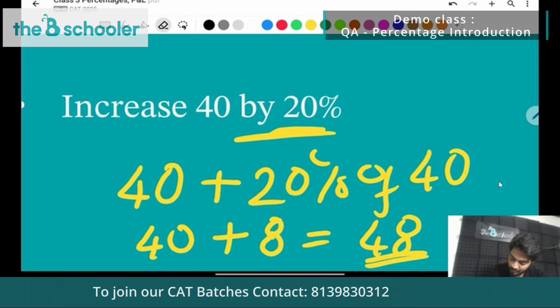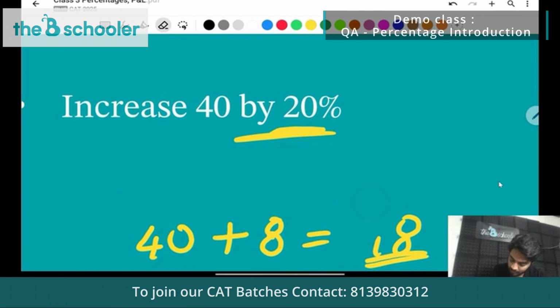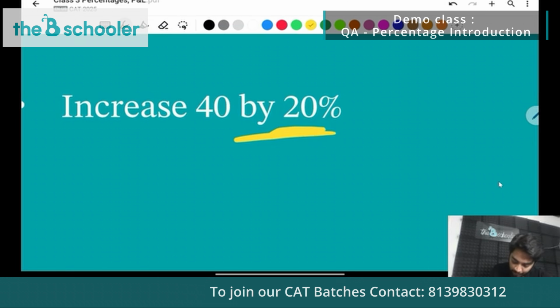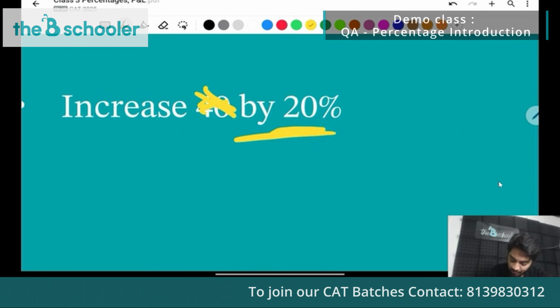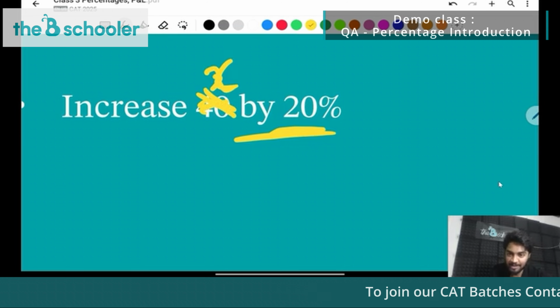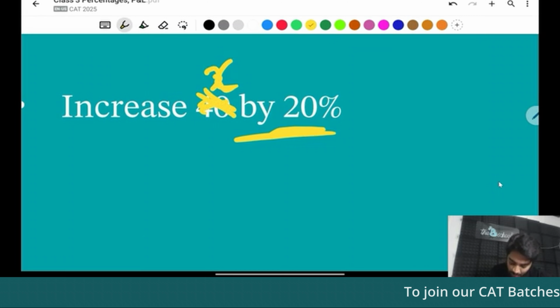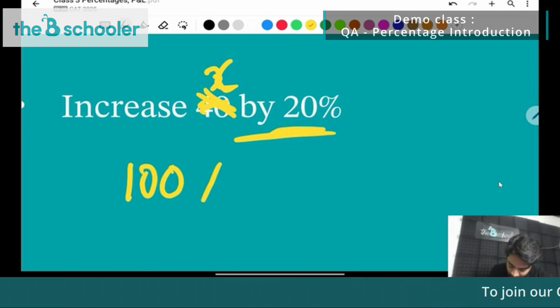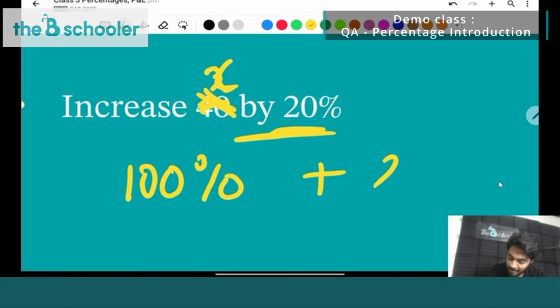But if you look at this, regardless of what the value is, now forget about 40 here. Regardless of the value, let's say it is x. When you say something increased by 20%, what you say is keep 100% of that thing there, that means the whole of that item, plus add another 20 percent. Is that clear?